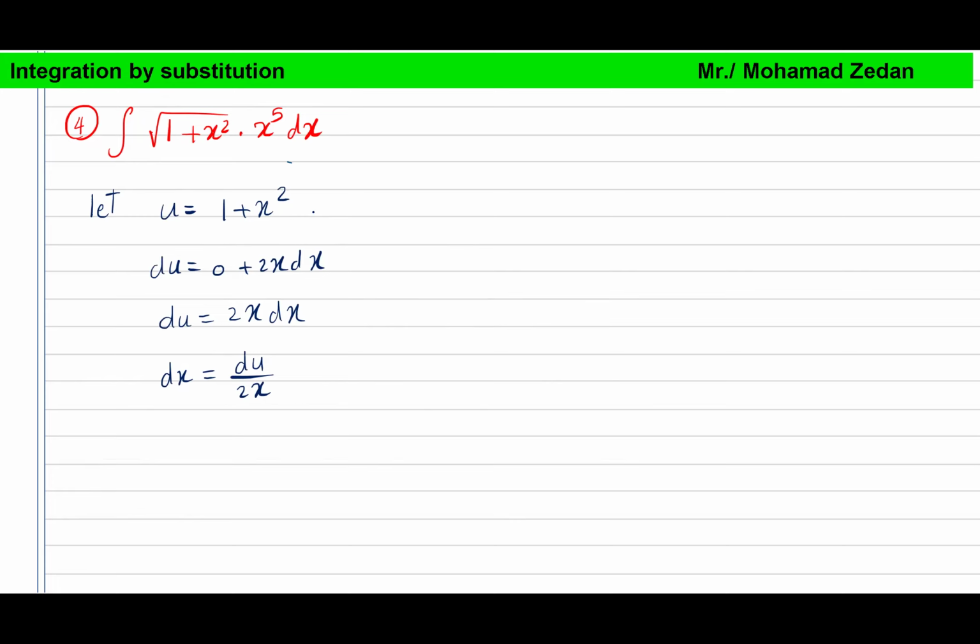I can also rewrite this equation in the form x squared is u minus 1. Consequently, for x power 4, if you square each side, I have x power 4 is u squared minus 2u plus 1.